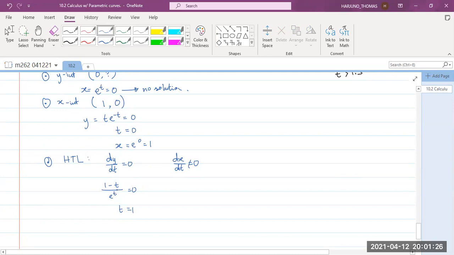But I need to make sure that dx/dt is not 0. Okay, dx/dt is e to the t, when t equals 1, that's just e, which is not 0. So there is a horizontal tangent line when t equals 1, at what coordinate?